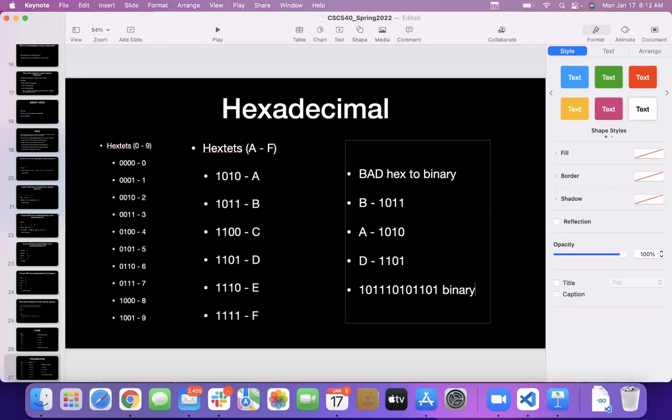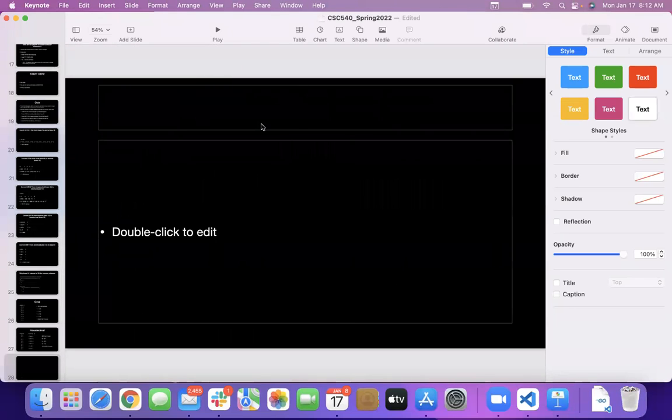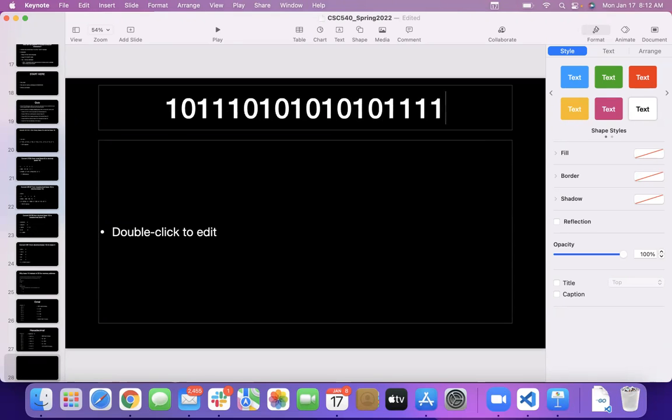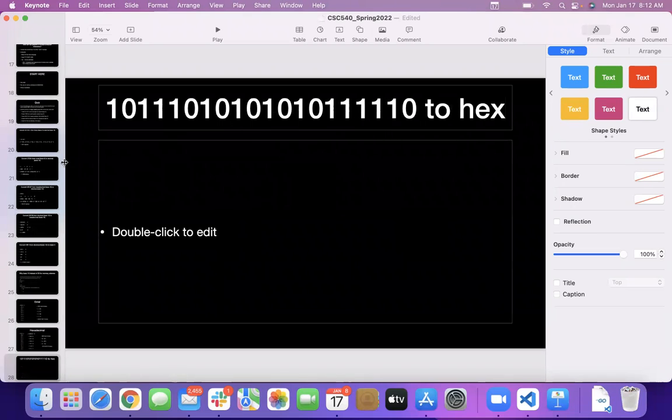So you can go from hexadecimal to binary, and similarly, you can go from binary to hexadecimal very quickly. Just to kind of show you that, there's a little trick with it. So if I say 11001111, hex.